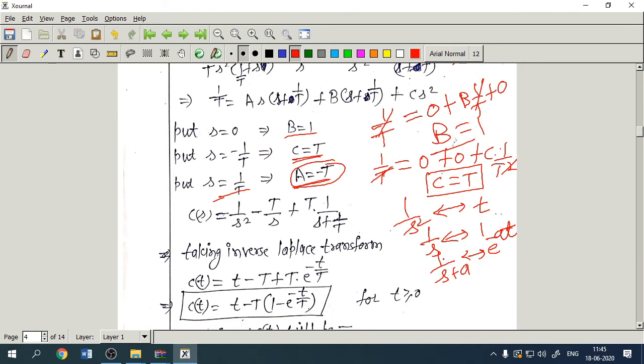Using this, we find C(t) equal to t minus T into 1 minus e to the power minus t upon T.